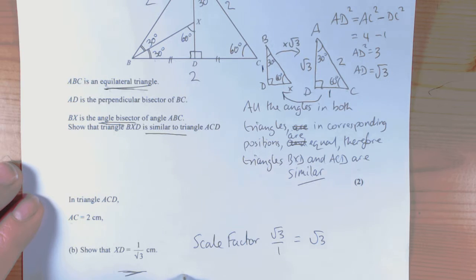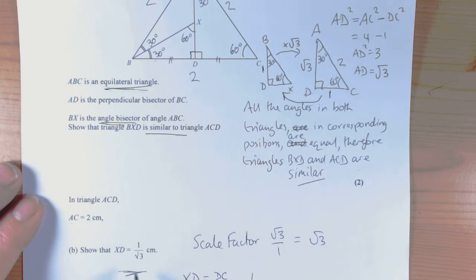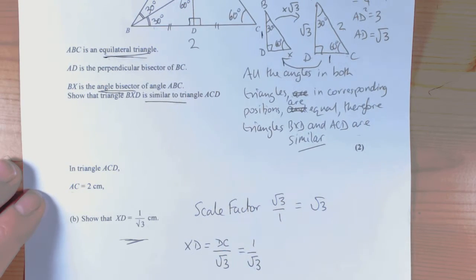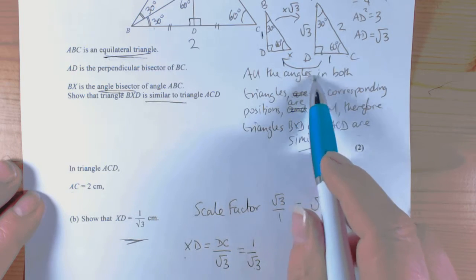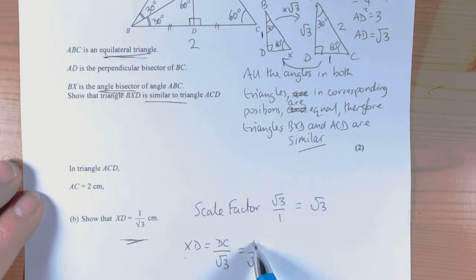So we can say that XD is equal to DC over the scale factor. Well, DC had a length of 1, and therefore we've shown that XD is equal to 1 over the root of 3. So XD was DC over the root of 3, using the scale factor in reverse, and DC had a length of 1, so 1 over the root of 3. So that's shown that XD is what it needed to be.